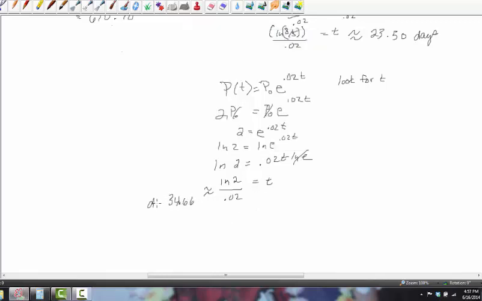And again, that was days. And again, does that make sense? So for the population to double, to go from 500 to 1,000 or 600 to 1,200, it would take a little over 34 days. So yeah, that makes sense.